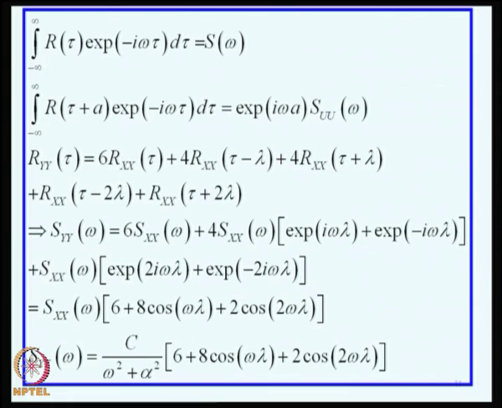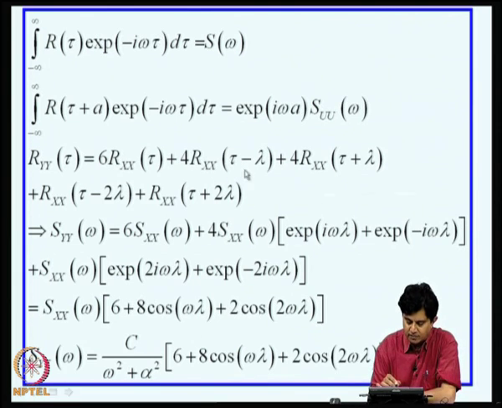Now, using that, we can write the expression for quantities like Rxx of tau minus lambda, tau plus lambda, etc. We can now take the Fourier transform and use the result that we just obtained. We get the power spectral density function of y in terms of the power spectral density of x along with these exponents, and if we rearrange that and use the definition of the exponential function, e raised to j theta is cos theta plus j sin theta, we can show that the power spectral density function is given by this expression.